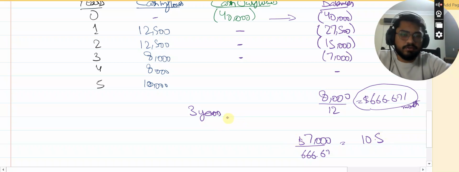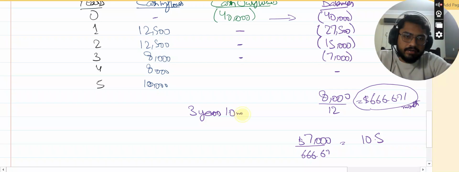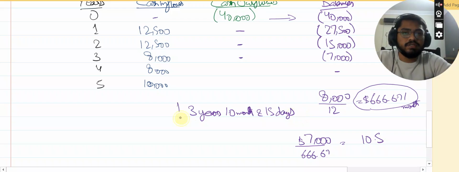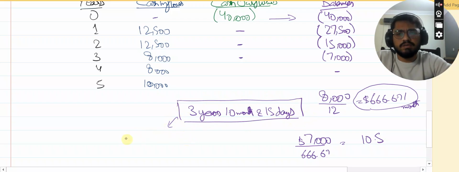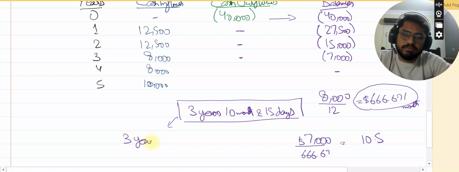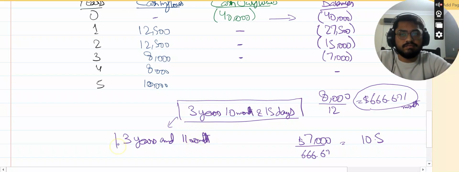This means that it took a total of 3 years and 10 months and 15 days to recover this investment. We can also round this up to 3 years and 11 months as well.